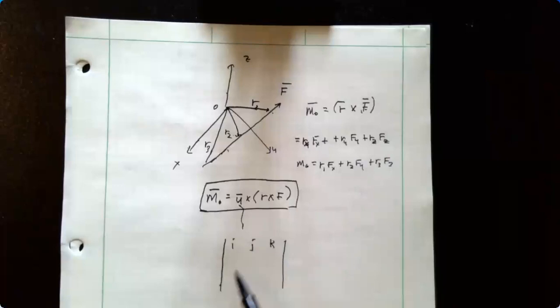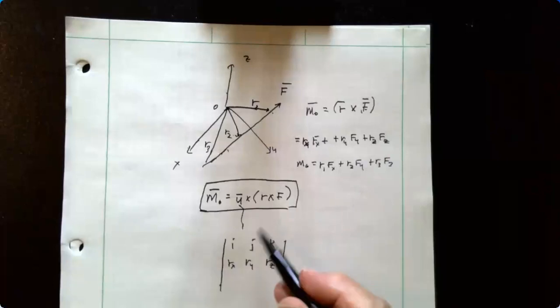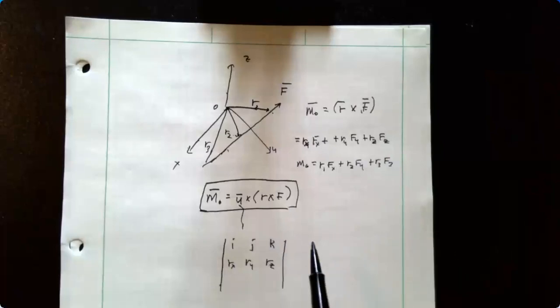The R will be R sub x, R sub y, and R sub z. So that'll be the position vector in the X, Y, and Z direction dimensions on that position vector.